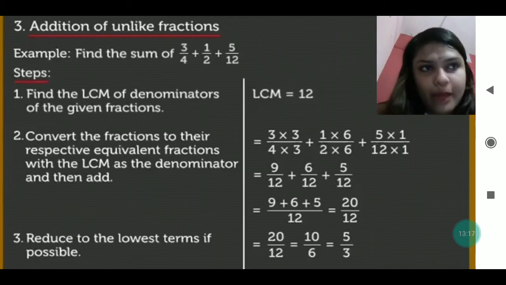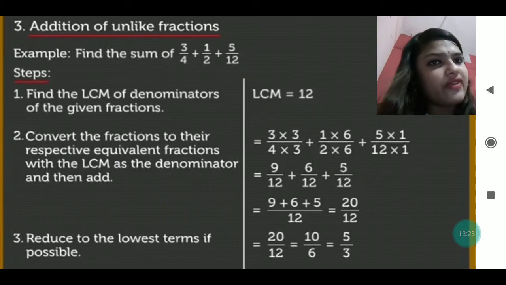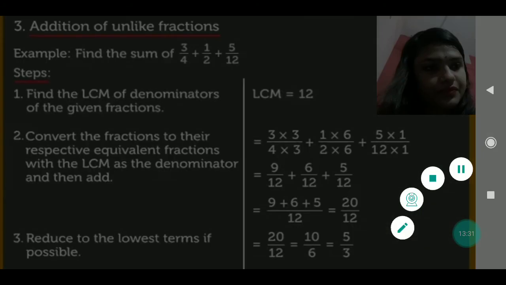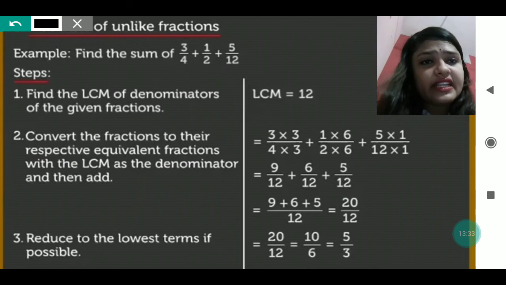But what if happen, my dear, if the denominators are not common? If we are getting the number as unlike fraction, then what we have to do? In that case, we have to find out the LCM of the denominators. You can see step by step it is written. What it is written? 3 by 4 plus 1 by 2 plus 5 by 12. What you will do?